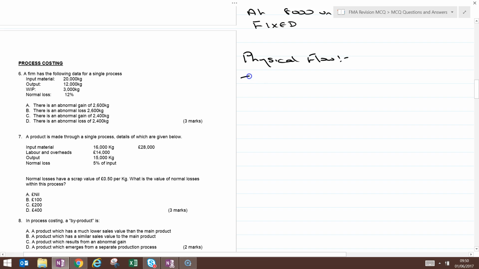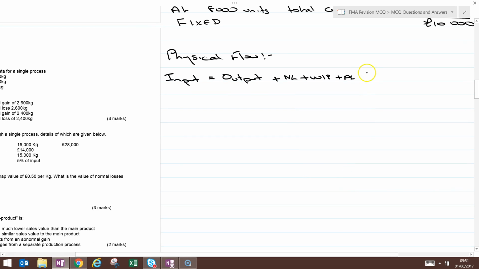The physical flow is input is equal to the output plus the normal loss plus the work in progress plus abnormal loss or minus an abnormal gain. Now the physical flow is purely quantities, never put values into this.